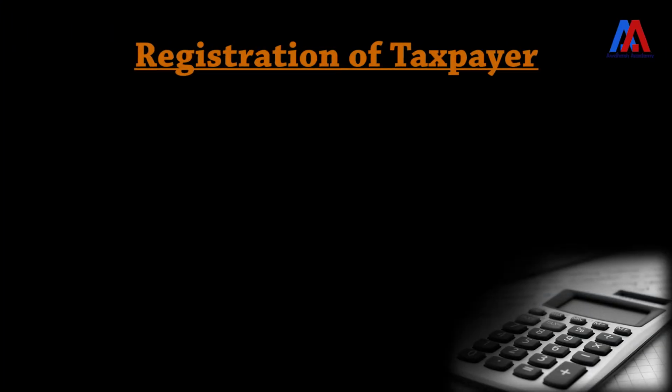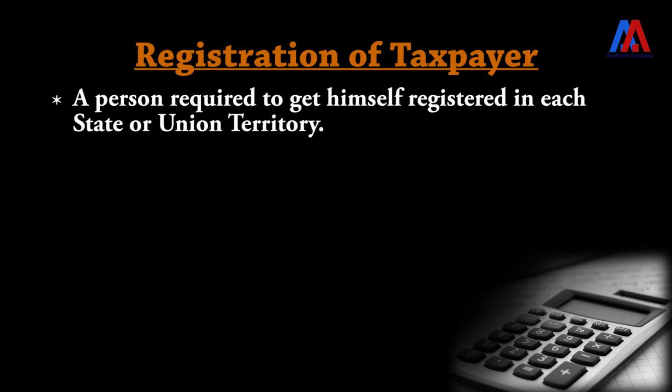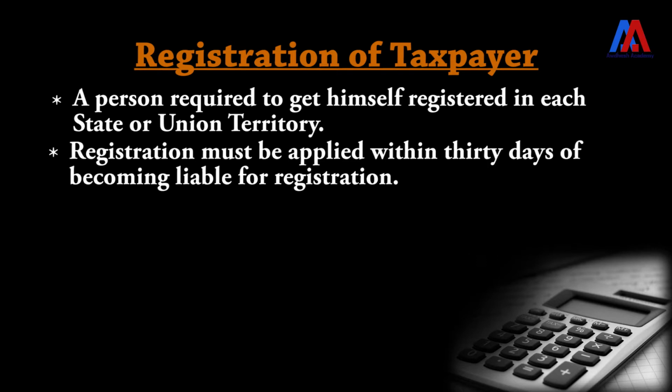Let us now understand the salient provisions of registration under the GST Act. The law says that a person is required to get himself registered in each state and union territory. So if you are having a business in all the states, then in every single state you have to get yourself registered. Registration must be applied within 30 days of becoming liable for registration.